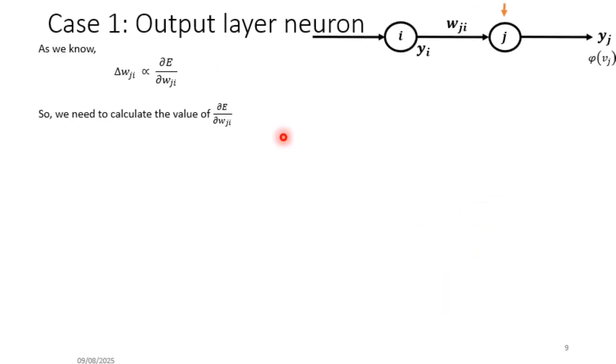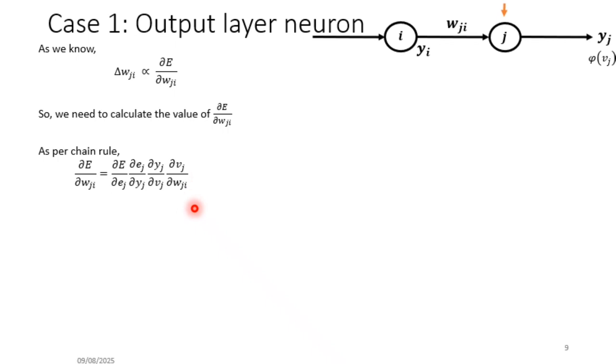Now, as we know, delta Wji is proportional to the partial derivative of E with respect to Wji, which means that for computing delta W, we need to compute this term. This term can be written as a multiplication of partial derivatives as per the chain rule: the partial derivative of E with respect to Ej, of Ej with respect to Yj, of Yj with respect to Vj, and of Vj with respect to Wji.